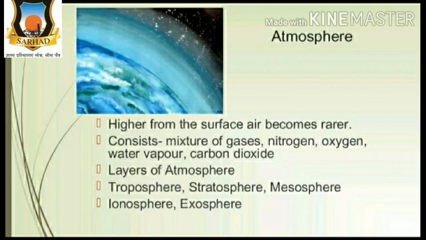As we go higher from the surface of the earth, the air in the atmosphere becomes rarer. The air consists of a mixture of gases, namely nitrogen, oxygen, water vapor, and carbon dioxide.